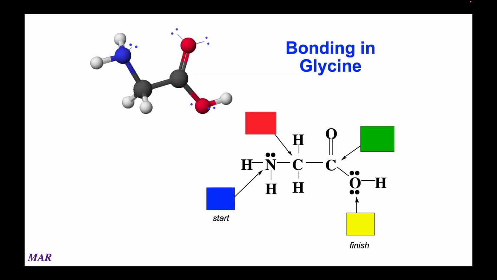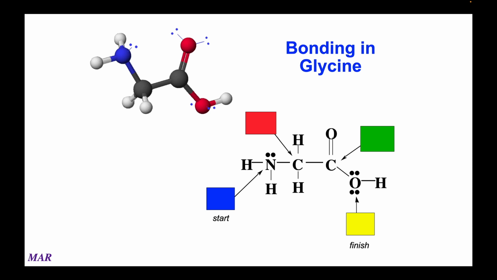Good to go. So this is the kind of question that you might see. I'd like you to try to predict the hybridization of each of the atoms pointed to by the little arrows. We'll start in the lower left and go clockwise to the yellow one in the lower right. The first one, where it says start, points at the nitrogen. That nitrogen has 3 bonding pairs, 2 to hydrogen and 1 to carbon, as well as a lone pair.